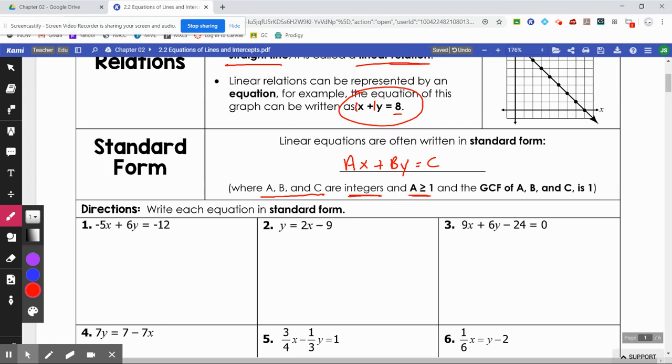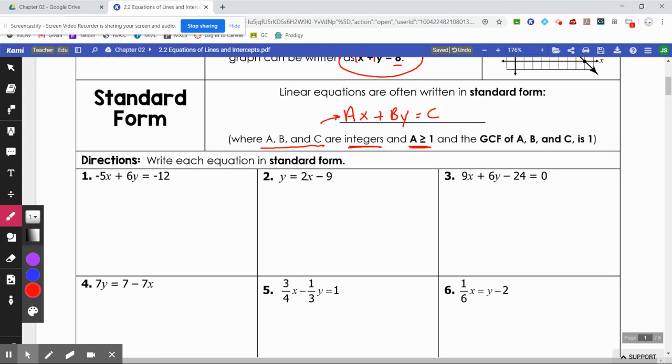Now this depends on which book you're reading, but most of the time your a value has to be positive, greater than or equal to 1. And the GCF of a, b, and c is equal to 1. Don't have to really worry about that. But the biggest thing is it's reduced, is what that's saying, and you don't have any fractions or decimals.